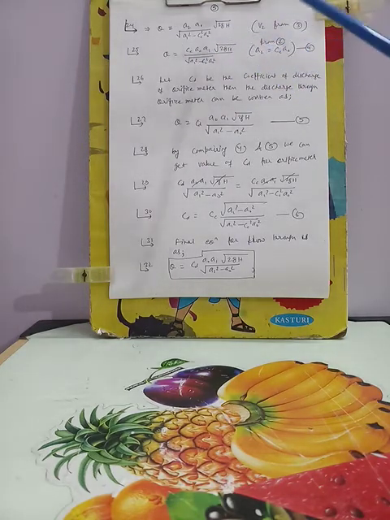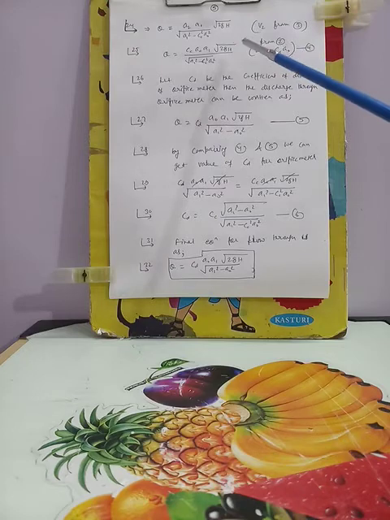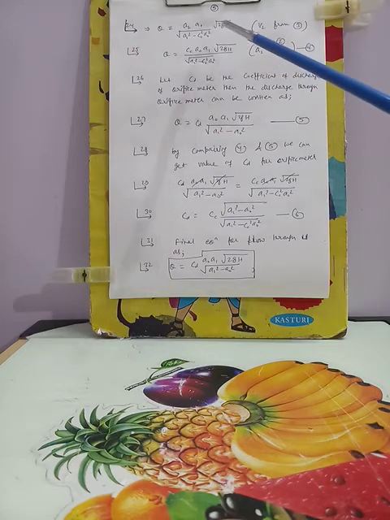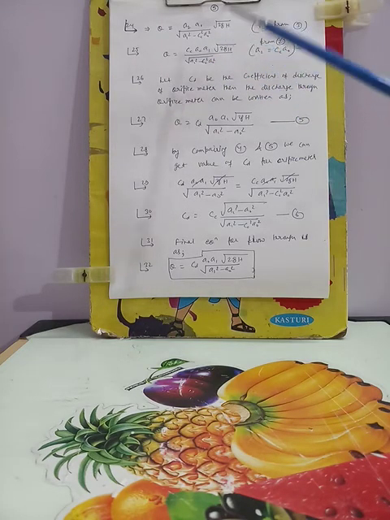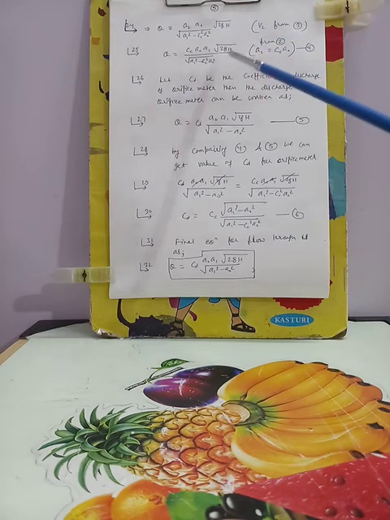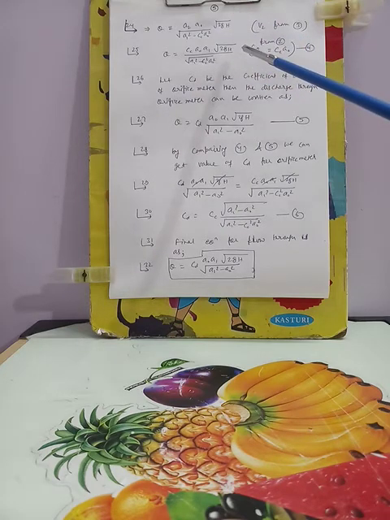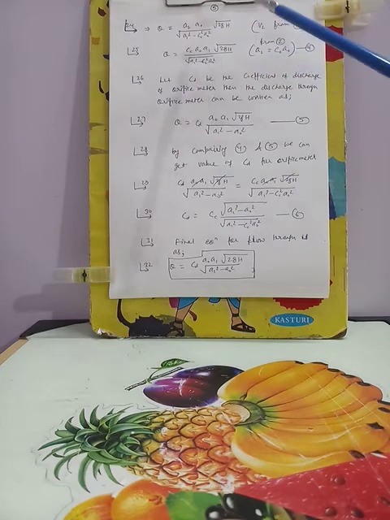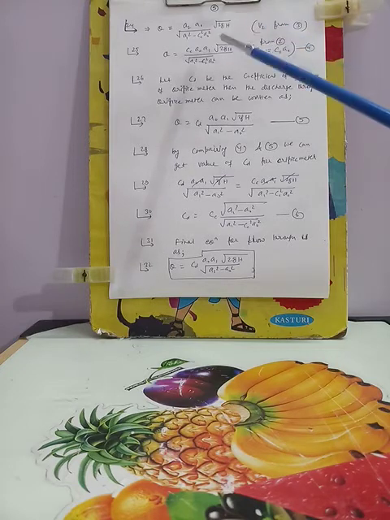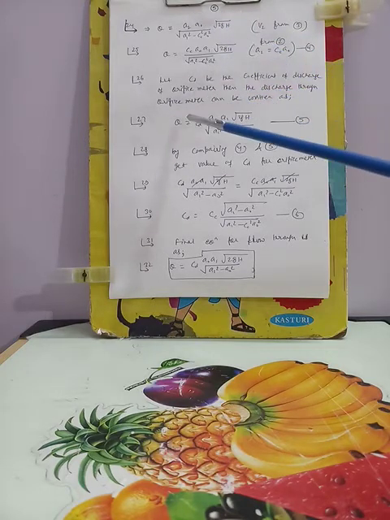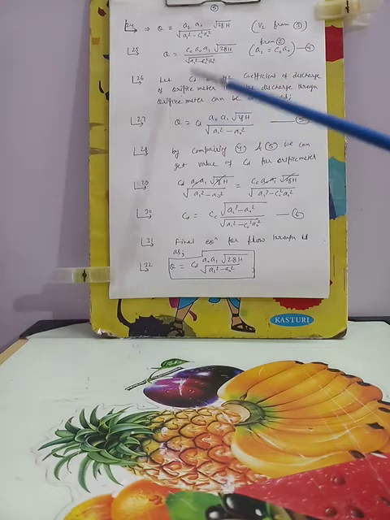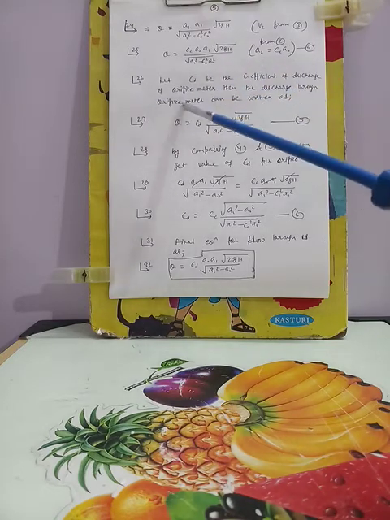But we would like to modify this equation a little bit more, similar to the equation of flow that we got for Venturi meter. Let CD be the coefficient of discharge of orifice meter.